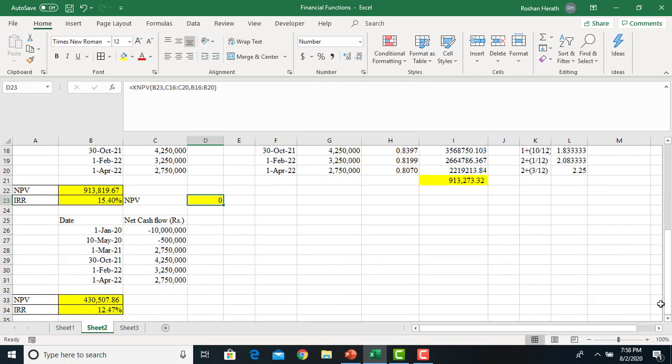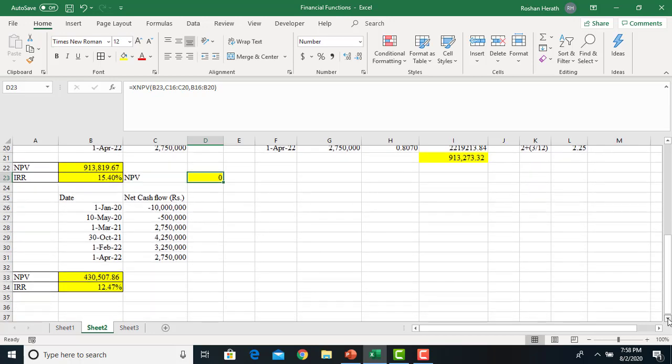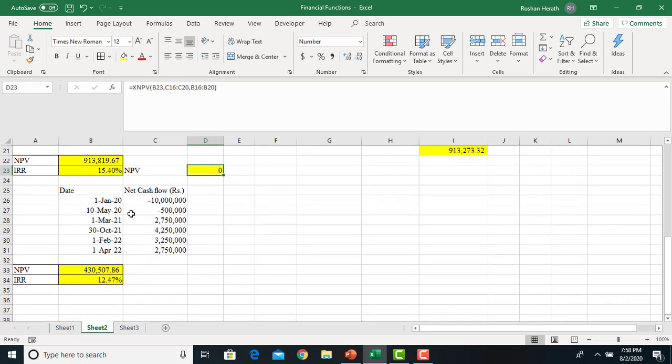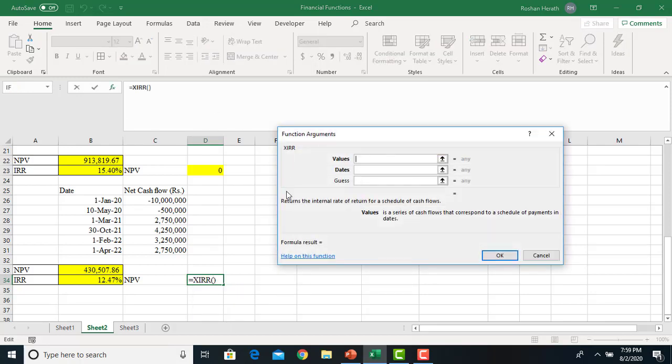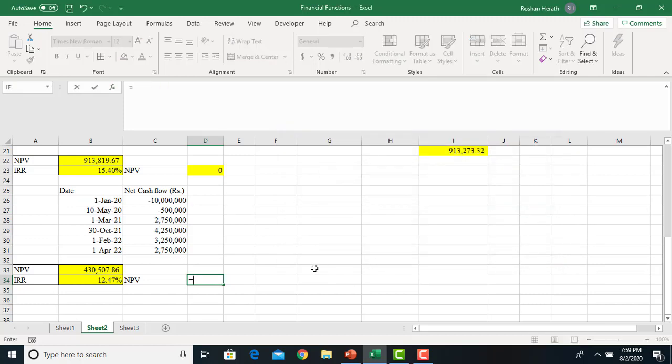Then again, in the new circumstance where you have added a cash outflow on 10th of May 2020, if you work out NPV using the new rate, you may witness the NPV becomes 0. So therefore you can verify yourself that whatever IRR you got is exactly correct. The values, the corresponding dates. Sorry, it's not the XIRR we need, it's XNPV.